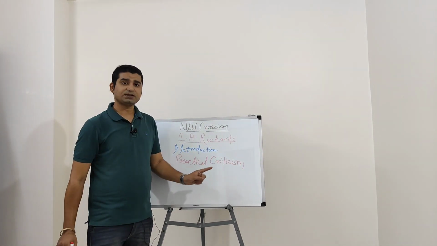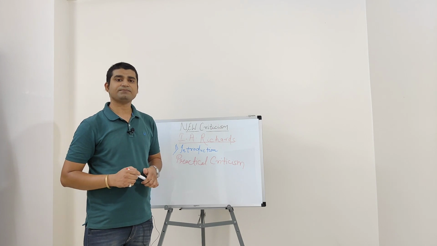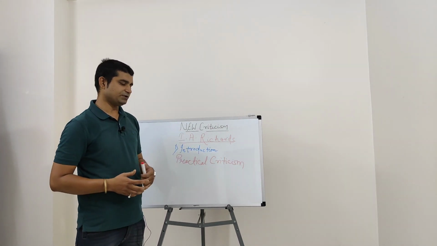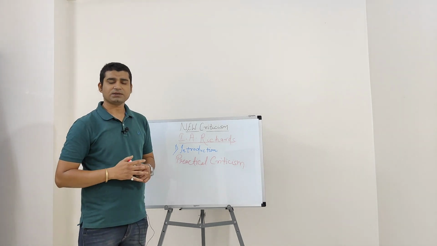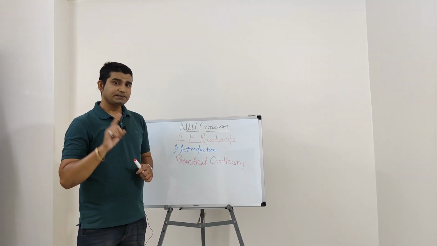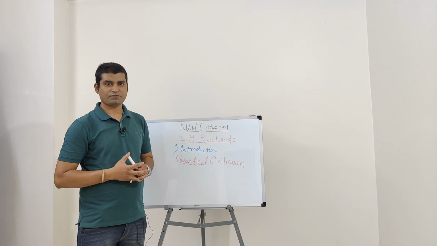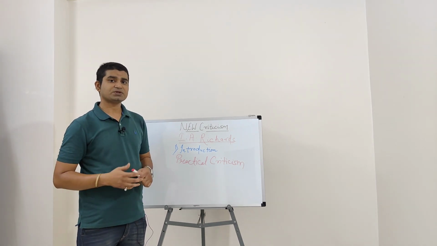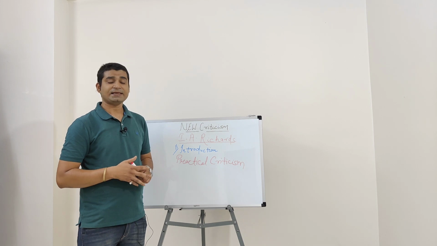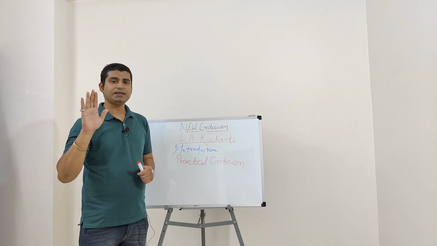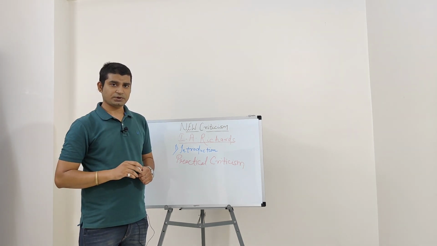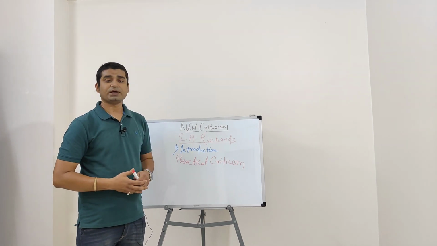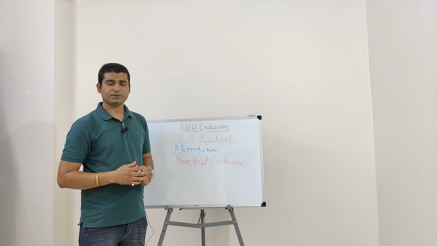Now what is practical criticism? Practical Criticism basically is a book which was published by I.A. Richards. And when did he publish this work? He published this work when he was a professor. He gave his students certain poems to analyze, and he didn't disclose any information about the poems, be it the name of the poet or the genre of the poem.